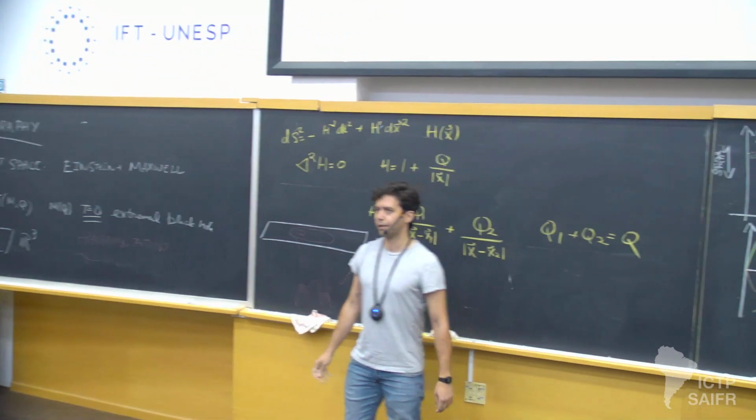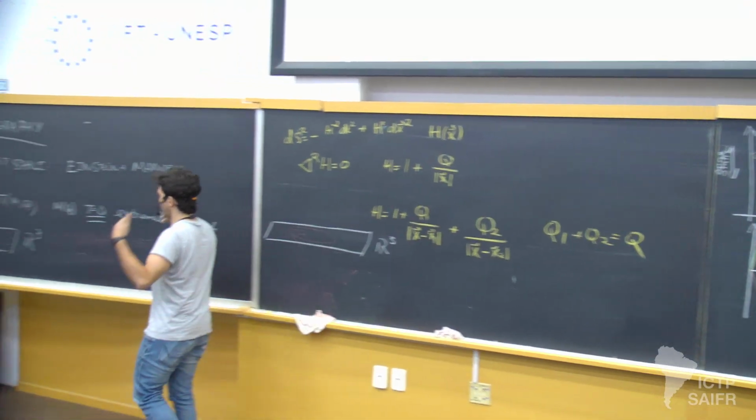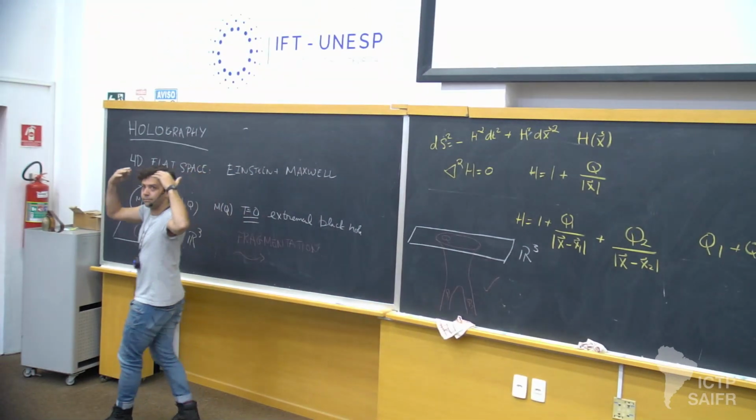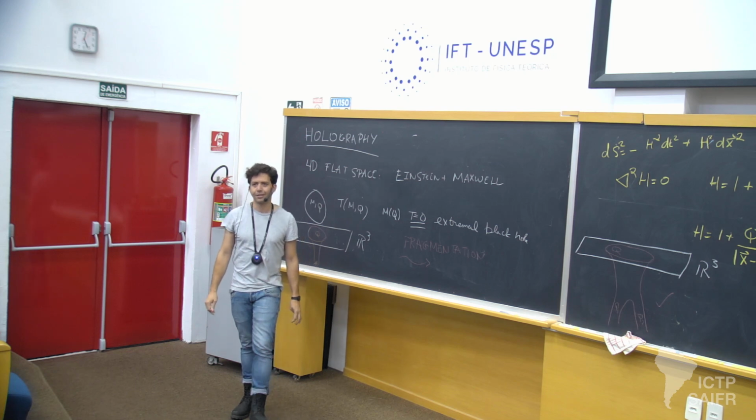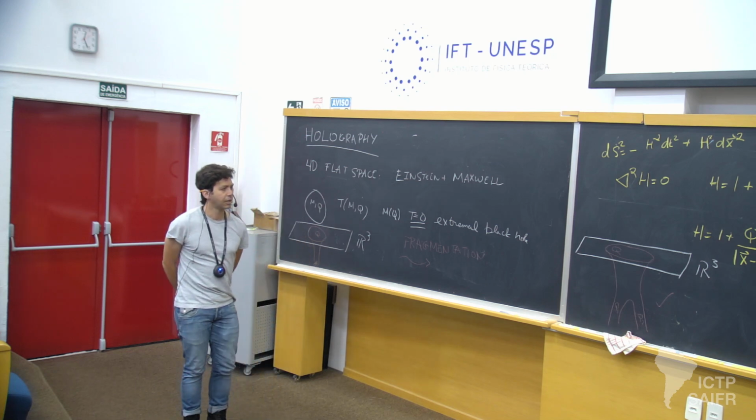And, okay, so now let's put our holography hats on. What's the interpretation to have two charges in the other solution?